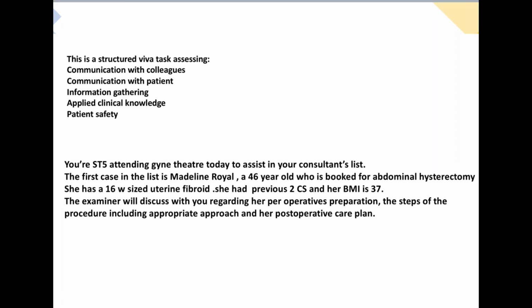Remove the Foley's catheter whenever she's mobile, and try to give her post-operative oral feeding as early as possible, and also encourage early mobilization, and according to her VTE risk we need to give her whatever is needed in terms of either a blood thinning agent, low molecular weight heparin, or if she's low risk, we can just give her the elastic stockings during inpatient time, and so on. Okay, thank you.